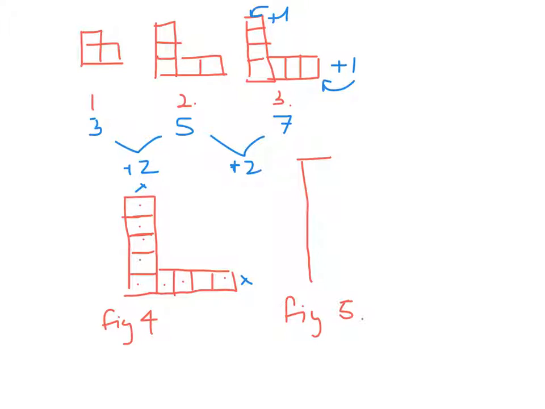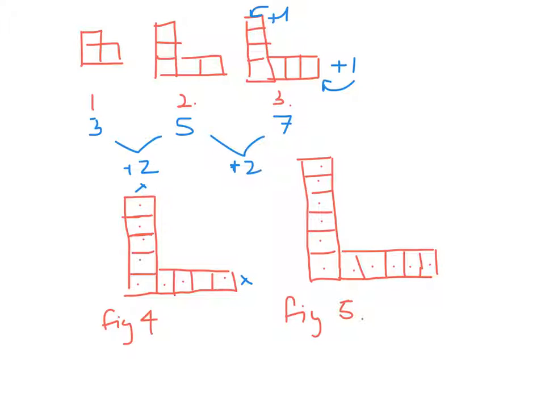So it would look something like this. Total of 11. 1, 2, 3, 4, 5, 6, 7, 8, 9, 10, 11. 11 tiles.